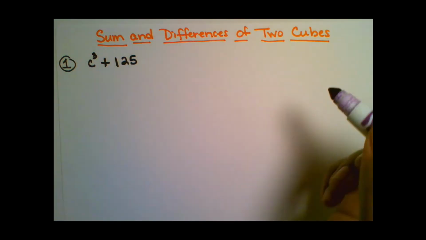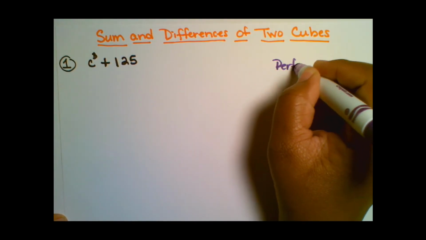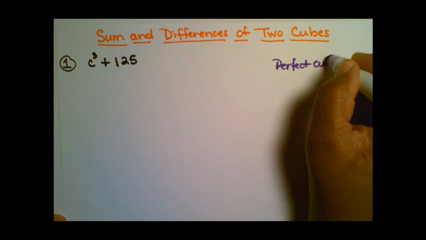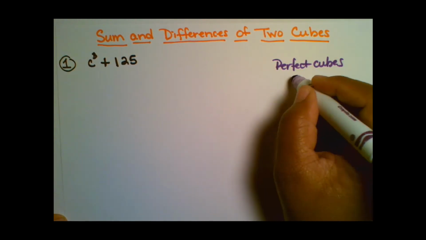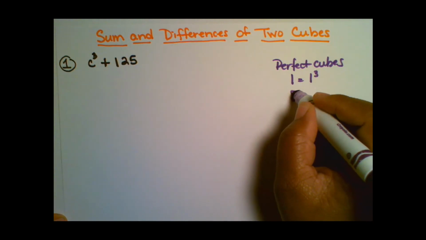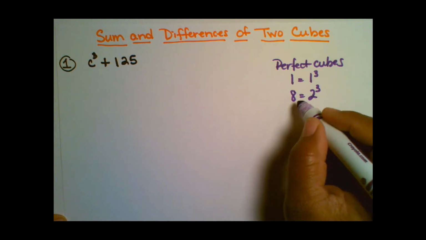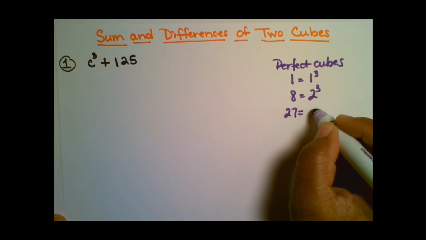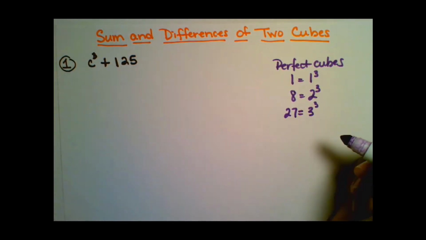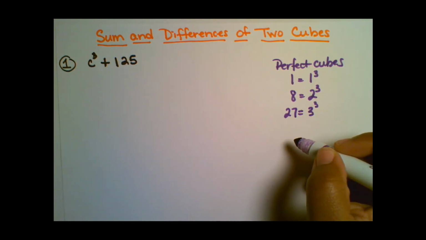So when we're talking about perfect cubes, we're saying 1 because 1 cubed is 1. We're saying 8 because 2 cubed gives us 8. We're saying 27. Think of three identical factors that will give you that perfect cubed number.